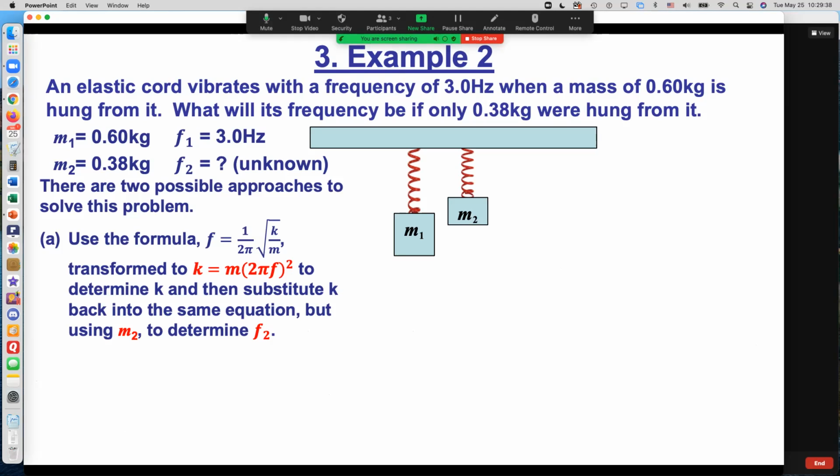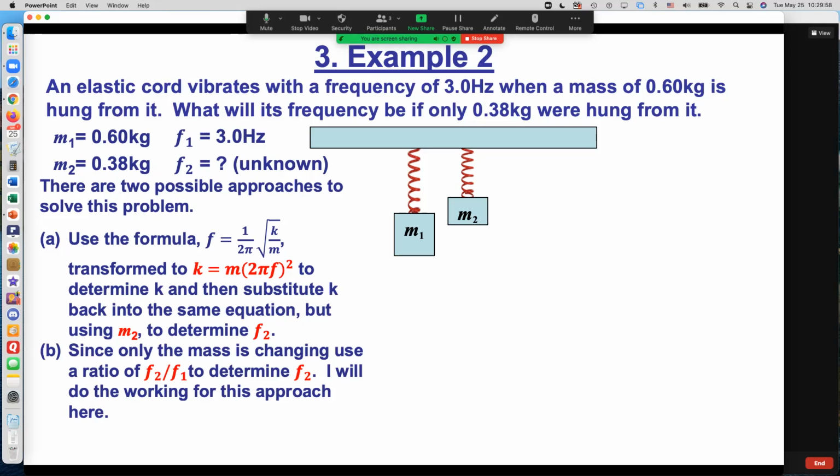So the formula f equals 1 over 2 pi root k over m can be transformed to k equals m times 2 pi f all squared to determine k, and then substitute k back into the same equation, but using m2 to determine f2, right? But since only the mass is changing, I'm going to use the ratio of f2 over f1 to determine f2.